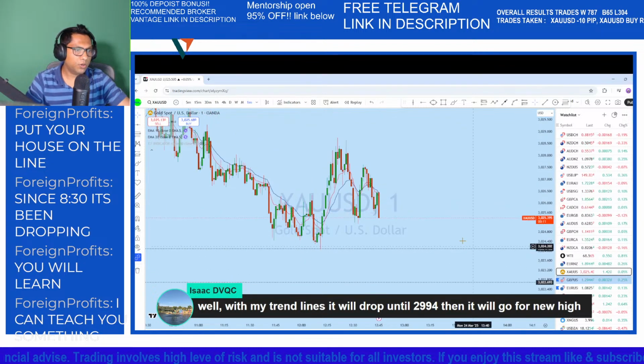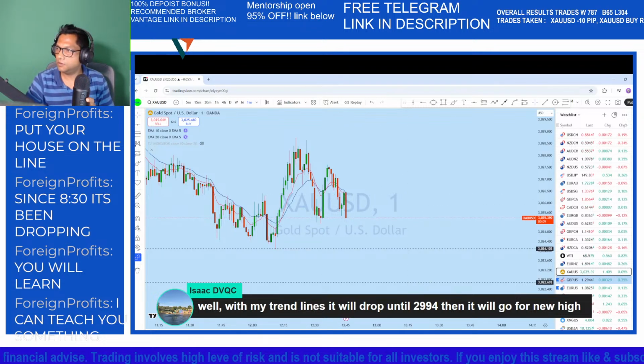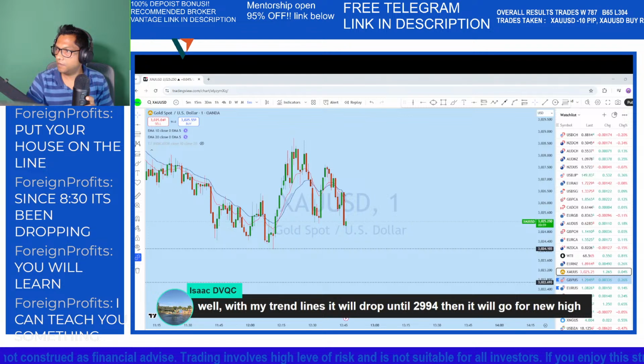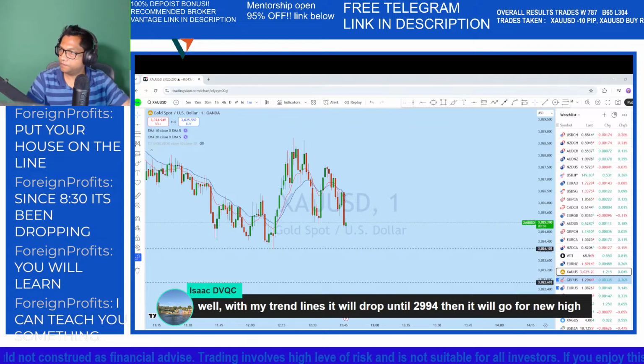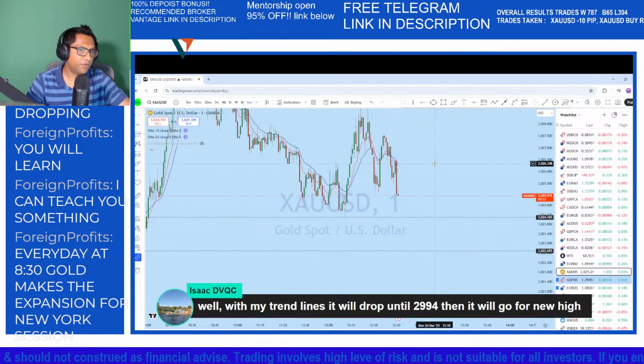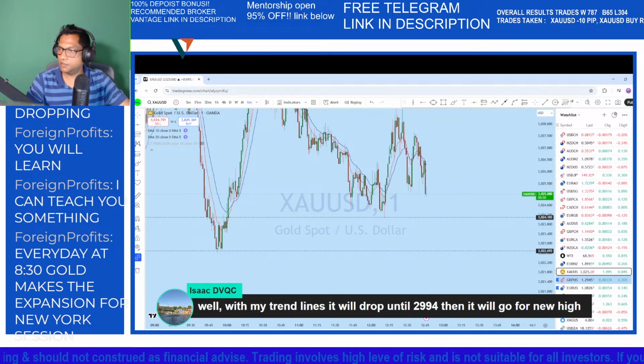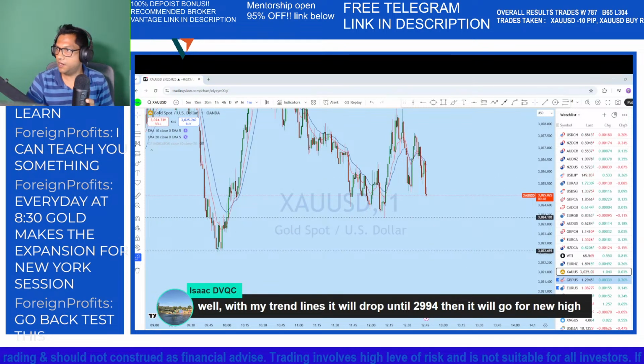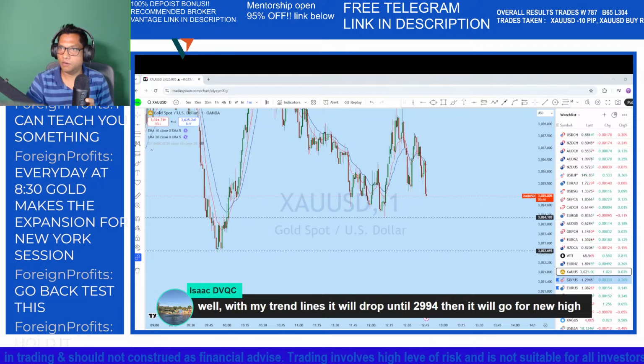Okay guys, so what we see that it's, okay, so we see a reaction from that level, and that might lead to some bearish movement here.